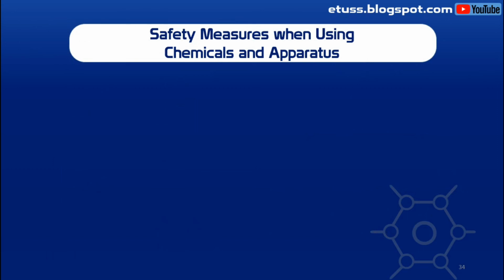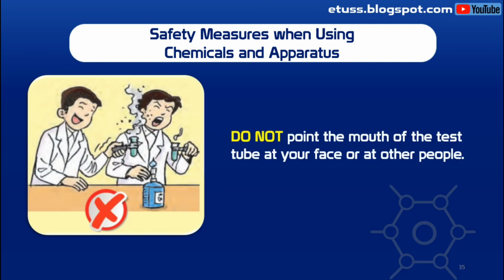Here are some safety precautions that must be considered, especially when you are handling chemicals. This is important to avoid accidents. Do not point the mouth of the test tube at your face or at other people.